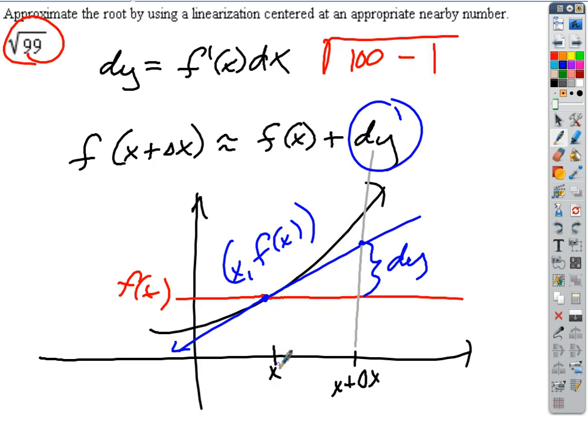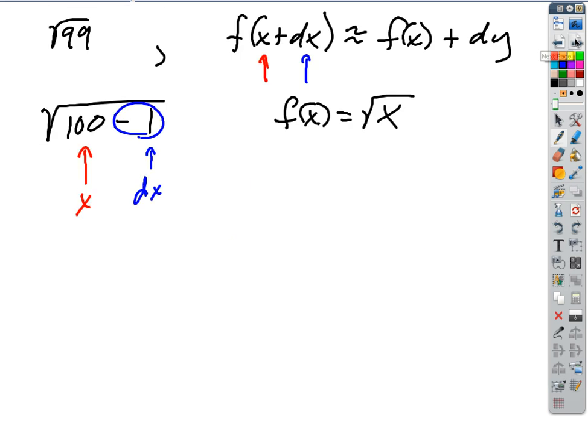So dx is minus 1, and we can calculate dy pretty easily. By our definition of the differential, dy is just f prime of x dx. So if f of x is the square root of x, what's f prime of x?